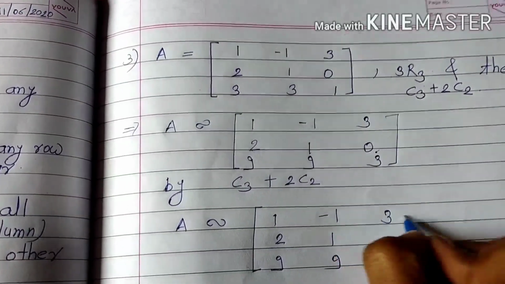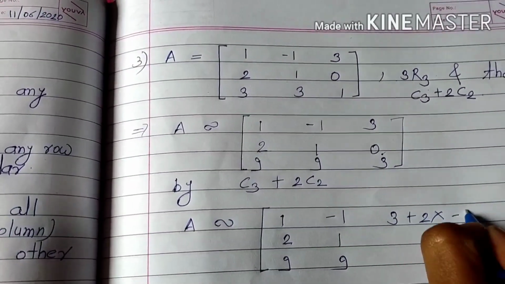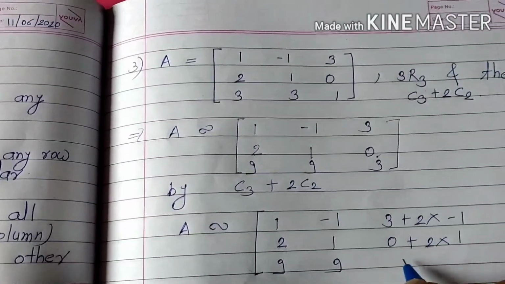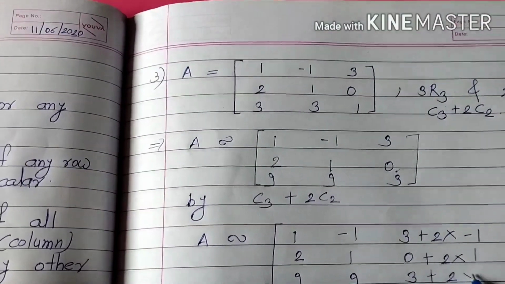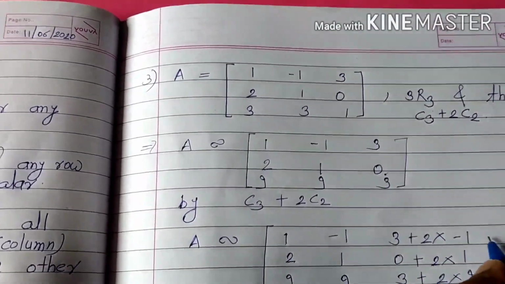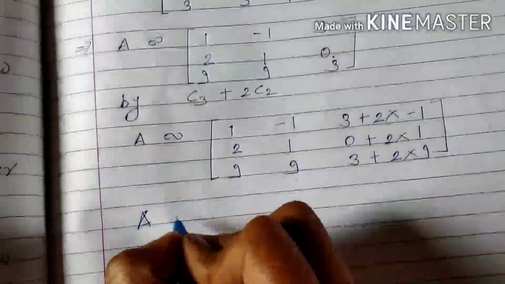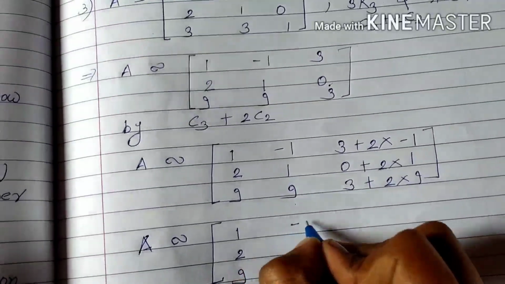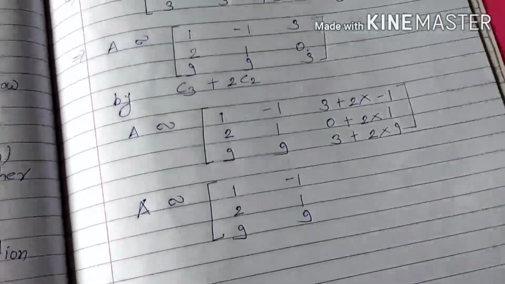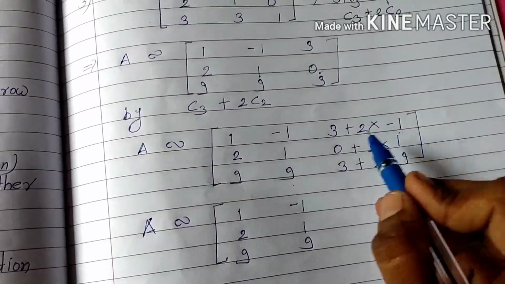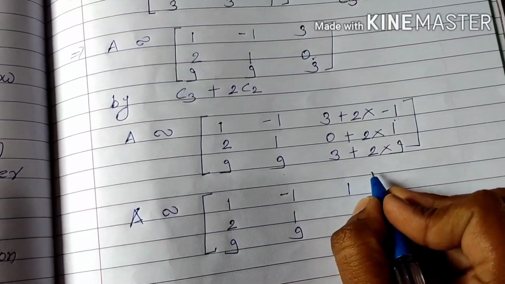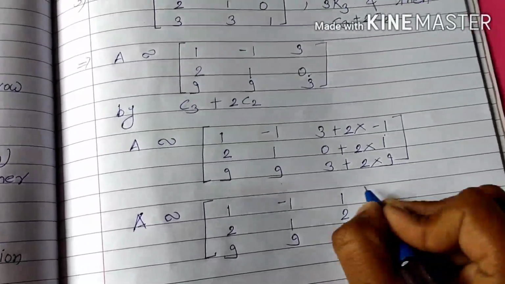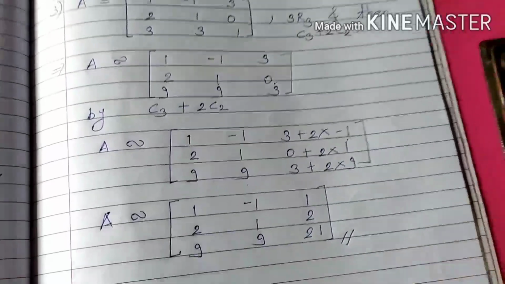So C3 plus 2 into C2 means minus 1, 0 plus 2 into 1, and 3 plus 2 into 9, because this is C2. So the answer A is equivalent to 1 2 9 minus 1 1 9. This is 2 into minus 1 minus 2 plus 3 plus 1, 0 plus 2 into 1 is 2, 9 into 2 is 18, 18 plus 3 is 21. So it is.